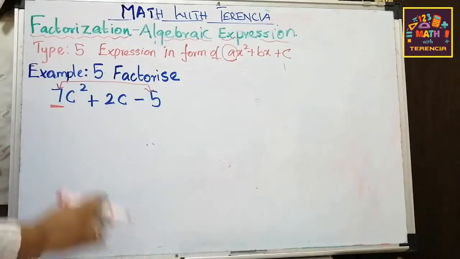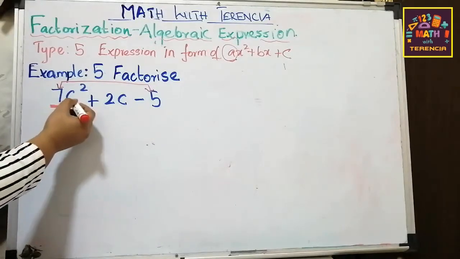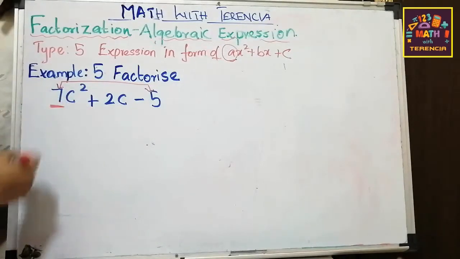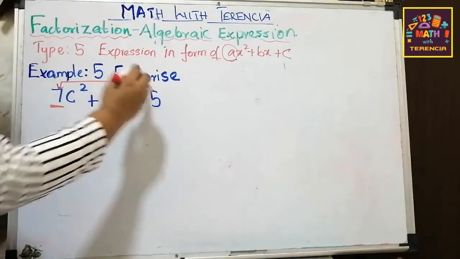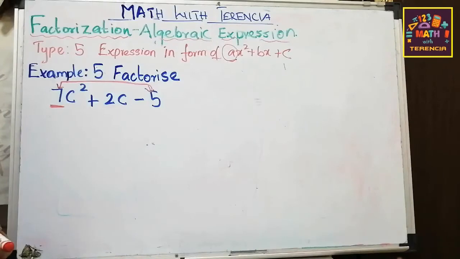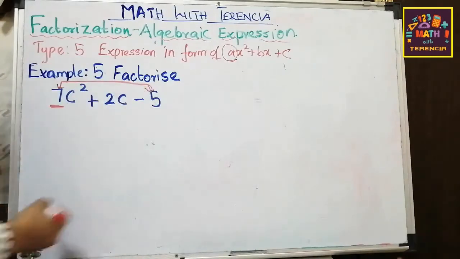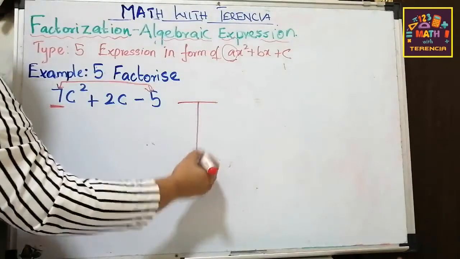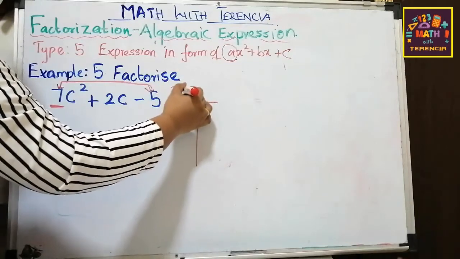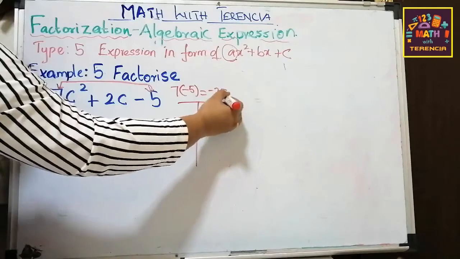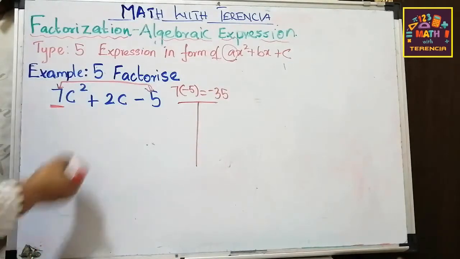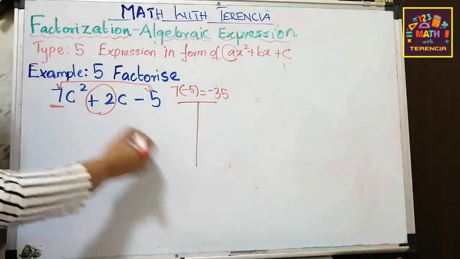So when you have a coefficient of the first term other than 1, you need to find the product of 7 and minus 5. So in the T method, on the top you will get 7 times minus 5, which is equal to minus 35 on the top and plus 2 down.